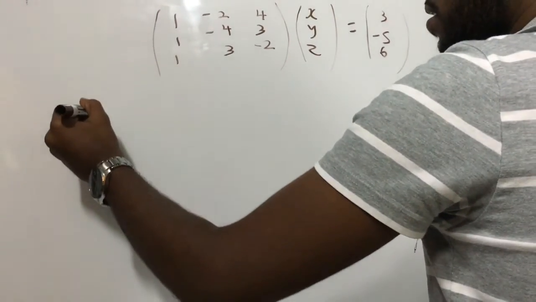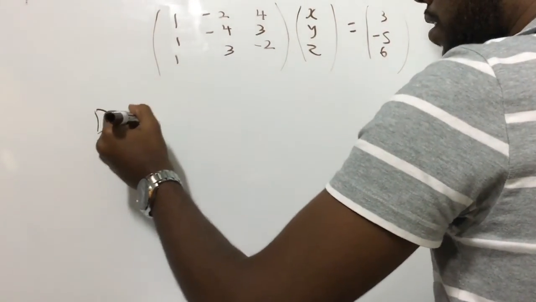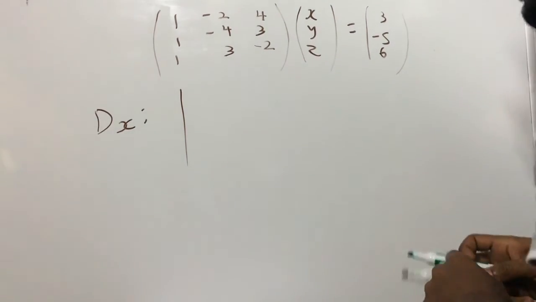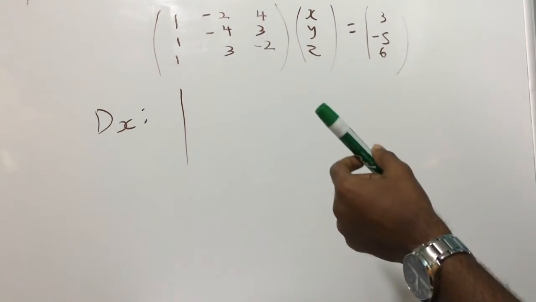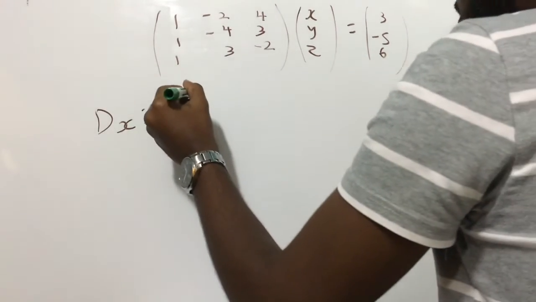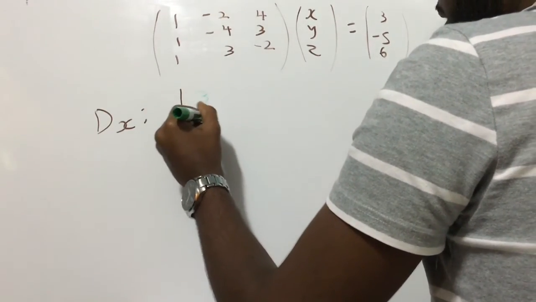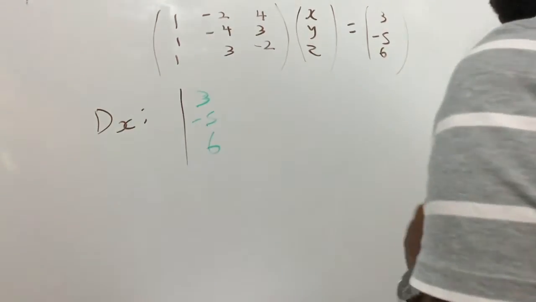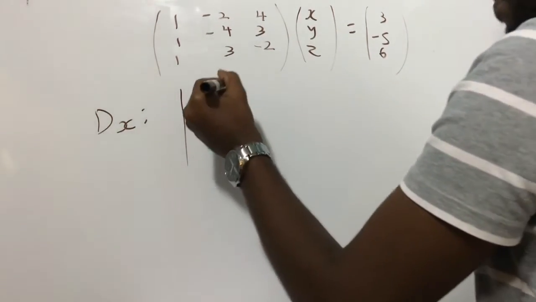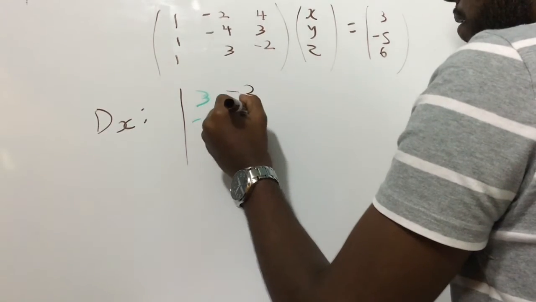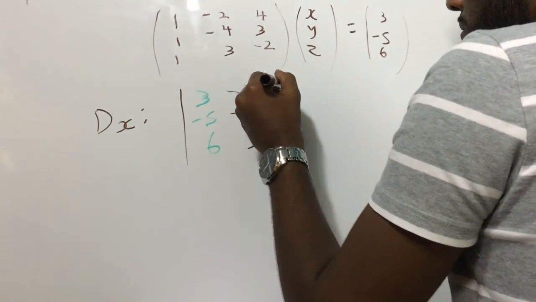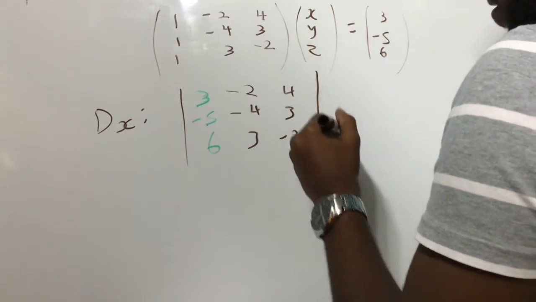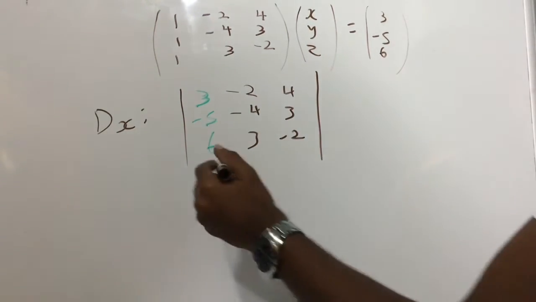So we're going to find Dx. Right? In order to find Dx, we have to replace the column with the x values with the constants: 3, minus 5, 6. We put back the rest of the columns normal, and we mirror the first two columns you see over here.